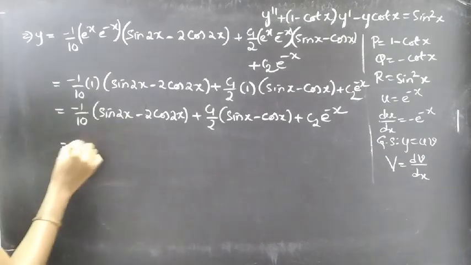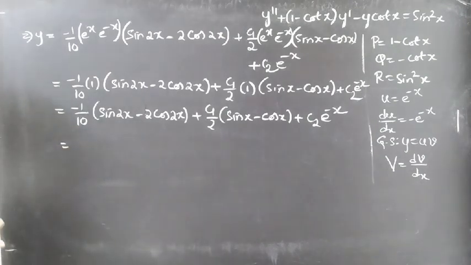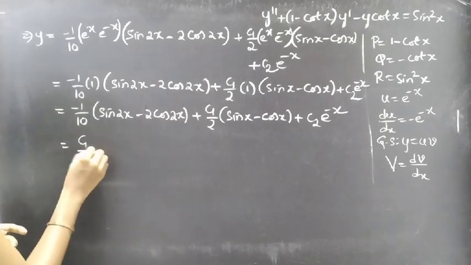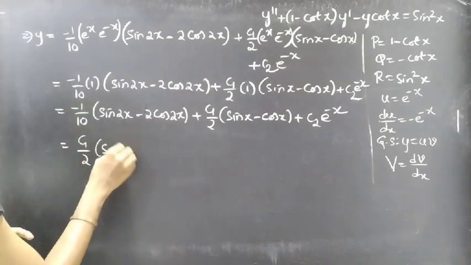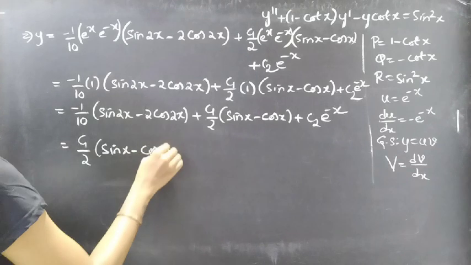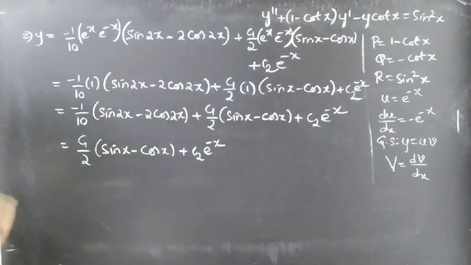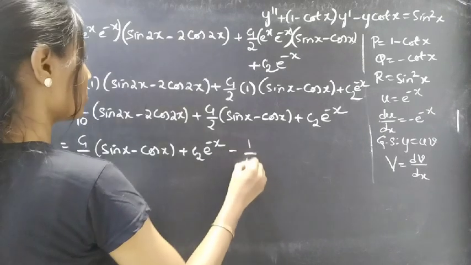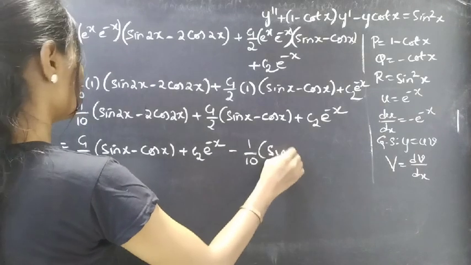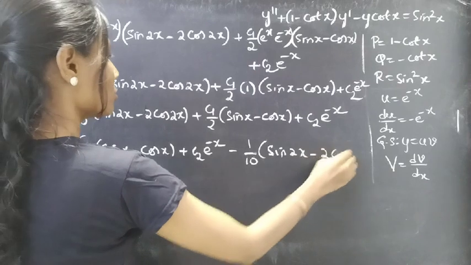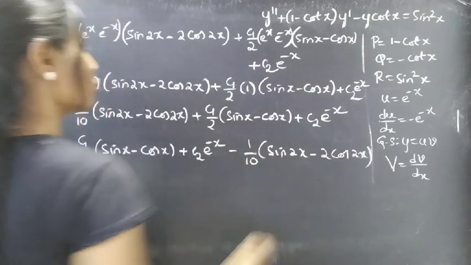Or we can write it as, firstly, the terms involving arbitrary constants, c1 by 2 into sin x minus cos x plus c2 e power minus x. Now write this term, minus 1 by 10 into sin 2x minus 2 cos 2x.